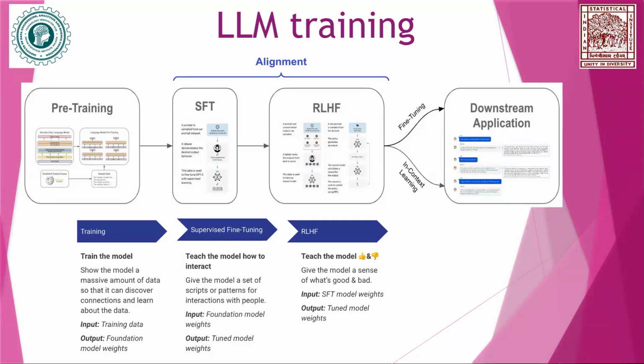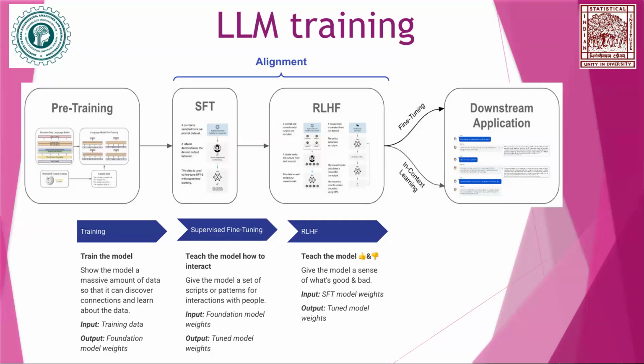This is where you give the model examples of how to actually generate the output. Supervised means you give it both the input and the output, and then the transformer network or neural network learns how to produce the answers. So just having the pre-training and the foundation model is of absolutely no use.